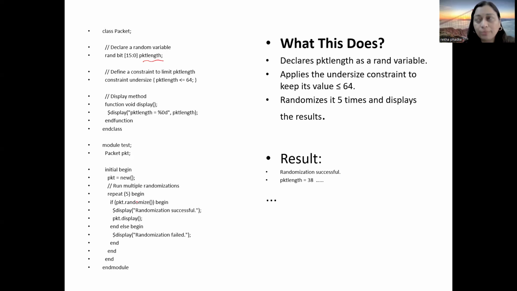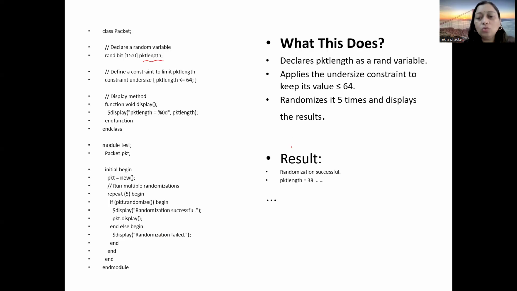Since packet length is declared as rand, 5 different random values will be generated, and if successful, I'm displaying it. If randomization is not successful, it goes to the else part and displays randomization failed.